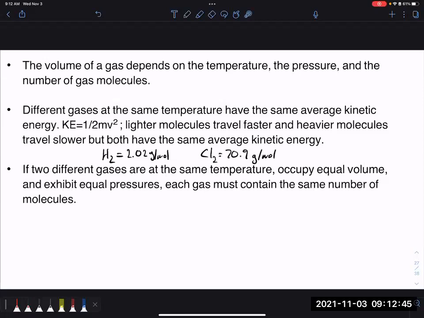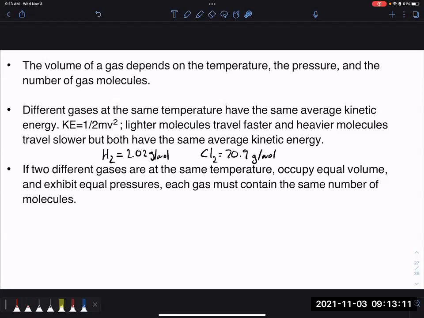So for these to be the same temperature, hydrogen has to be moving 35 times faster than chlorine. Because our kinetic energy is given by this equation: mass times velocity squared.